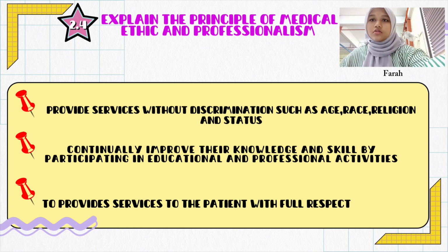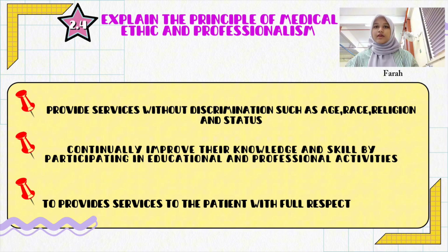Actually, we have four ethical values. First of all, we have autonomy, which is the obligation to respect patients as individuals and their right to make informed decisions. Second, beneficence, the ethical duty to act in the best interest of the patient.